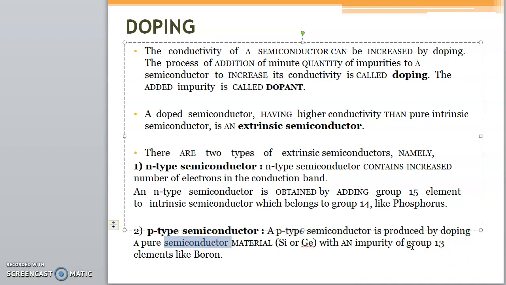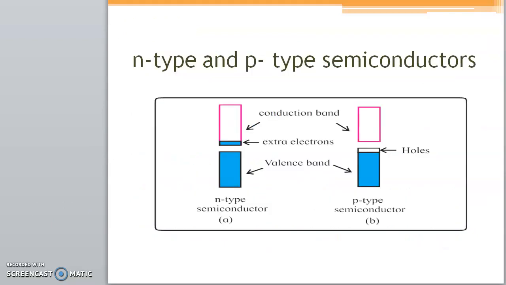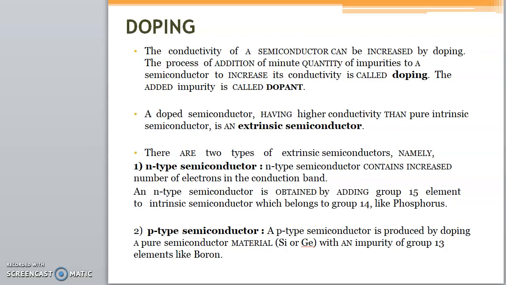Now group 13 has one electron less than group 14 elements, correct? So group 13 elements like boron have one electron less. That's how I get a P type semiconductor. In N type semiconductor, I choose an element from group 15, and in P type semiconductor, I choose an element from group 13. Okay, a very important concept in electrical properties.